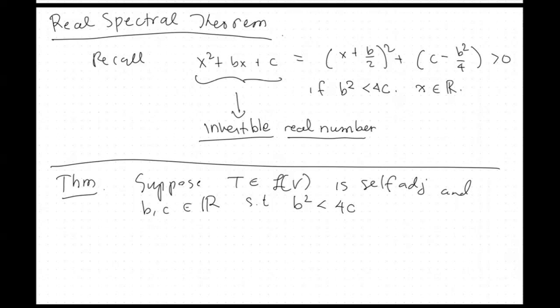Notice that we don't have A here because we just consider the monic polynomial. That is, A is just 1. Then T squared plus B T plus C times I is invertible.